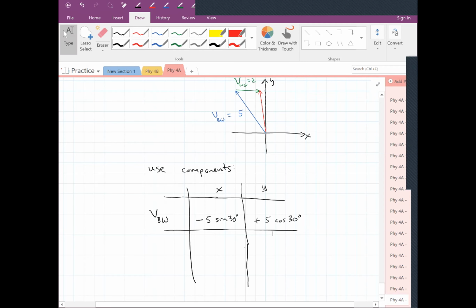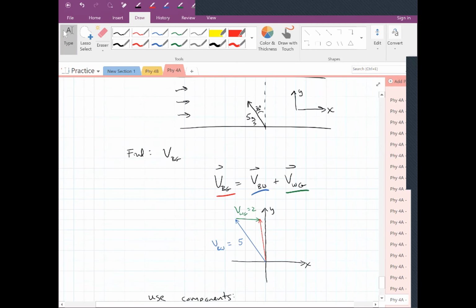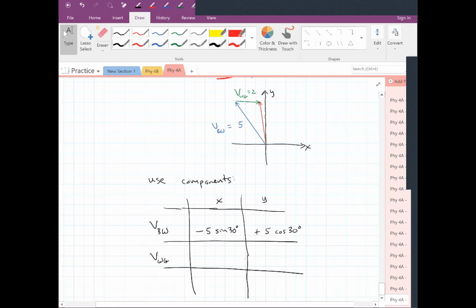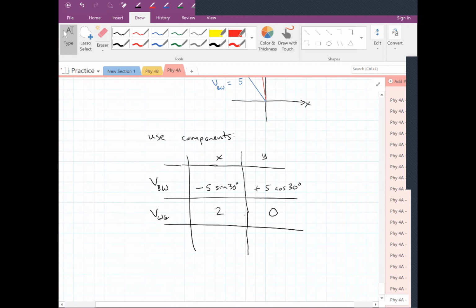Then I've got my V water ground. That's moving 2 meters per second to the right. That's my positive x direction. And it has no velocity in the y direction, right? And so what do I do? I add those up, and I get the velocity of the boat with respect to the ground.